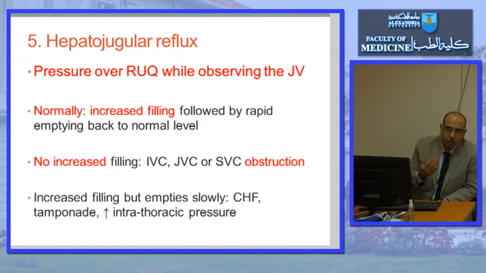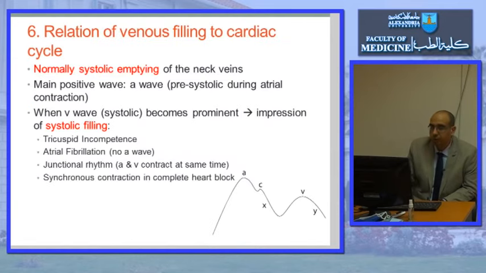So normally there is increased filling because I am causing pressure. But if there is no increased filling, it means that this pathway is obstructed at a certain point. If I apply pressure to the right upper quadrant and there is no increased filling of neck veins, this means that there is obstruction, mostly at the inferior vena cava or superior vena cava or jugular venous obstruction.